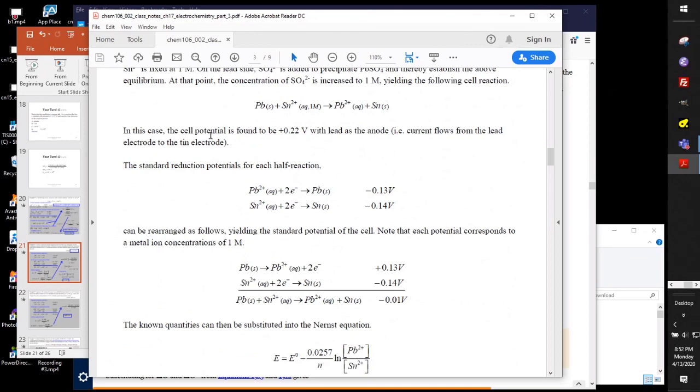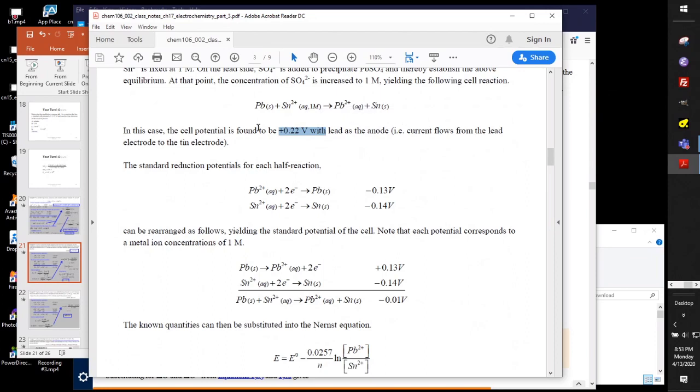Okay, so let's suppose we did that. And after the precipitate forms, we increase the concentration of sulfate to 1 molar. That step isn't necessarily required, but it makes it simpler to do the calculation. So we have these half reactions, the lead and the tin, and the cell potential is found to be positive 0.22 volts with lead at the anode.